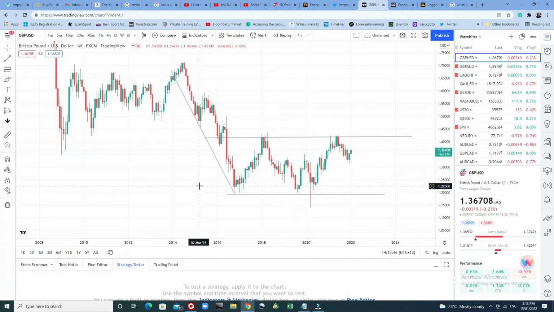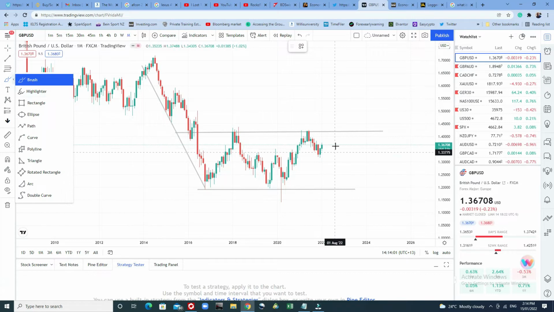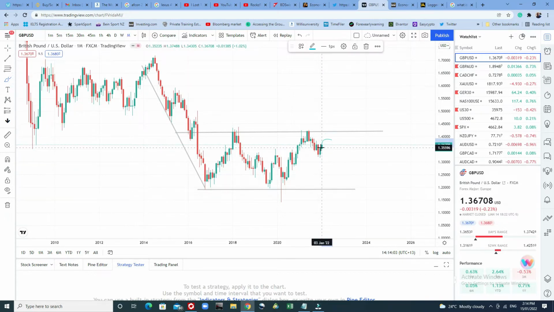We are still on the monthly time frame, and I just drew these lines to explain what's really going on. But the most important part of this monthly time frame is this last candle. The last candle is a bullish candle.